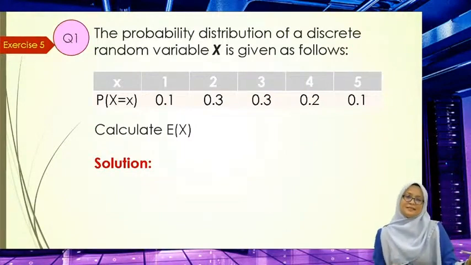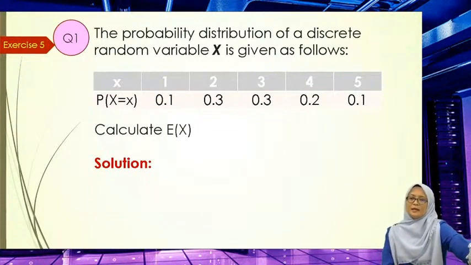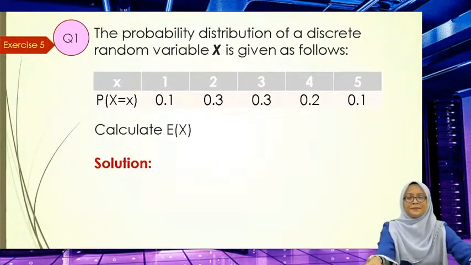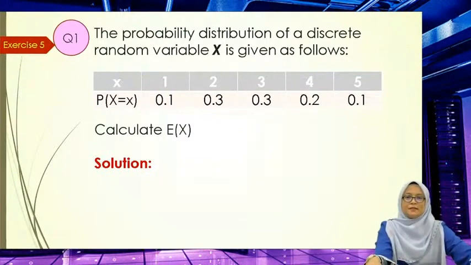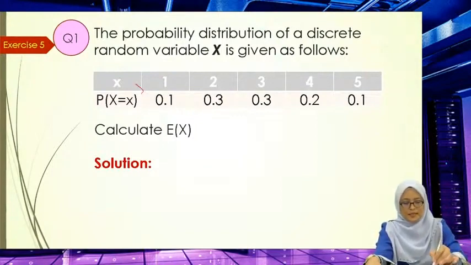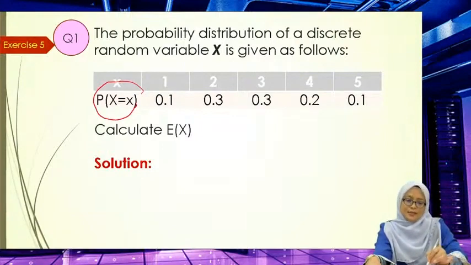Okay, so now let's calculate for this expectation. Okay, so for exercise 5, question number 1. Probability distribution of a discrete random variable is given as follow. So you are given the table. Okay, so tengok dekat sini dia bagi probability X equal to X. So ini maksudnya F kecil.